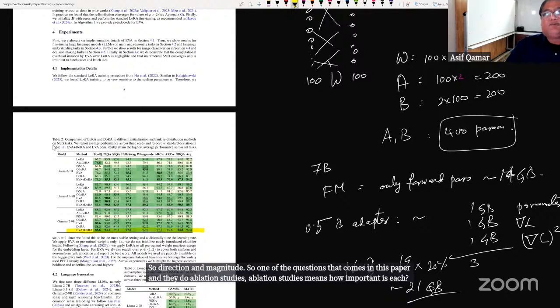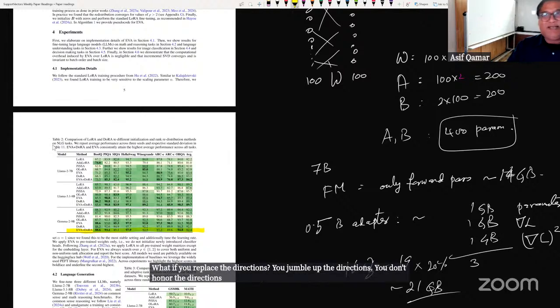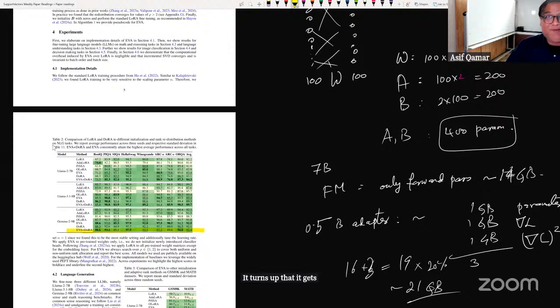So they ask: what if we jumble up the sizes? They realize that if we jumble up the sizes, the algorithm degrades. What if you jumble up the directions, you don't honor the directions of those vectors, but you keep the sizes? It turns out that it gets even worse. Directions really matter.